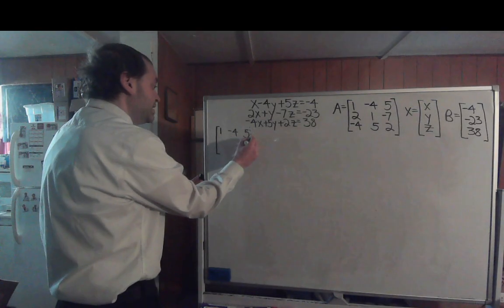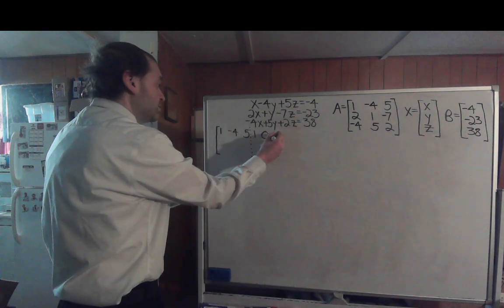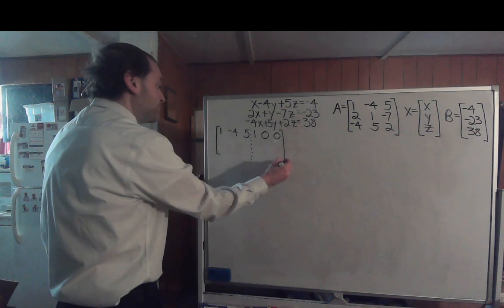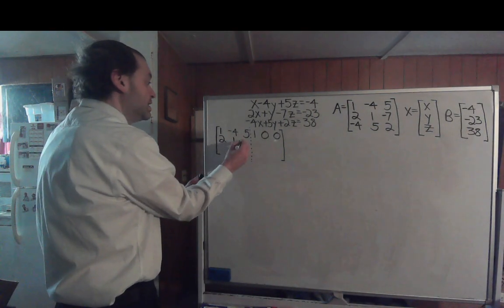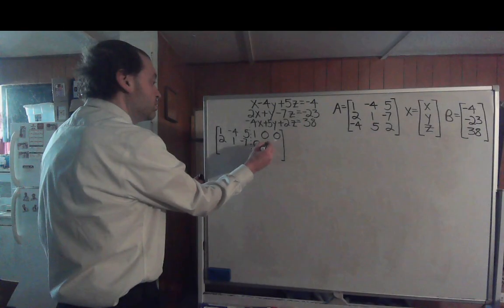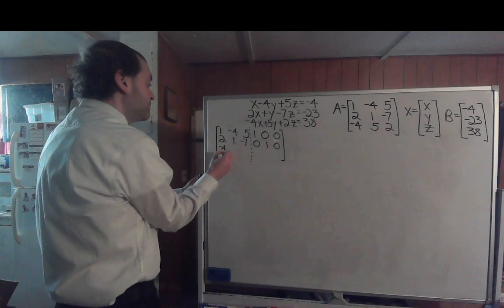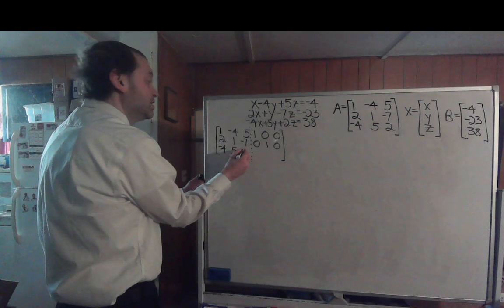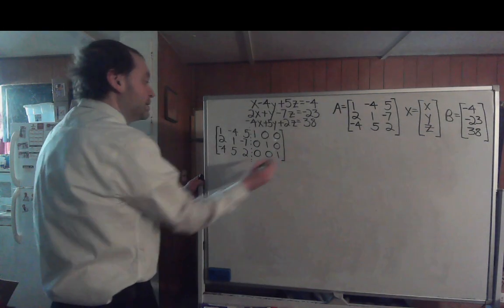And then to the right of the augmented line you'll have the identity matrix, 1, 0, 0. Then you'll have second row 2, 1, negative 7, 0, 1, 0. Third row you'll have negative 4, 5, and 2. And then to the right you'll have 0, 0, 1.